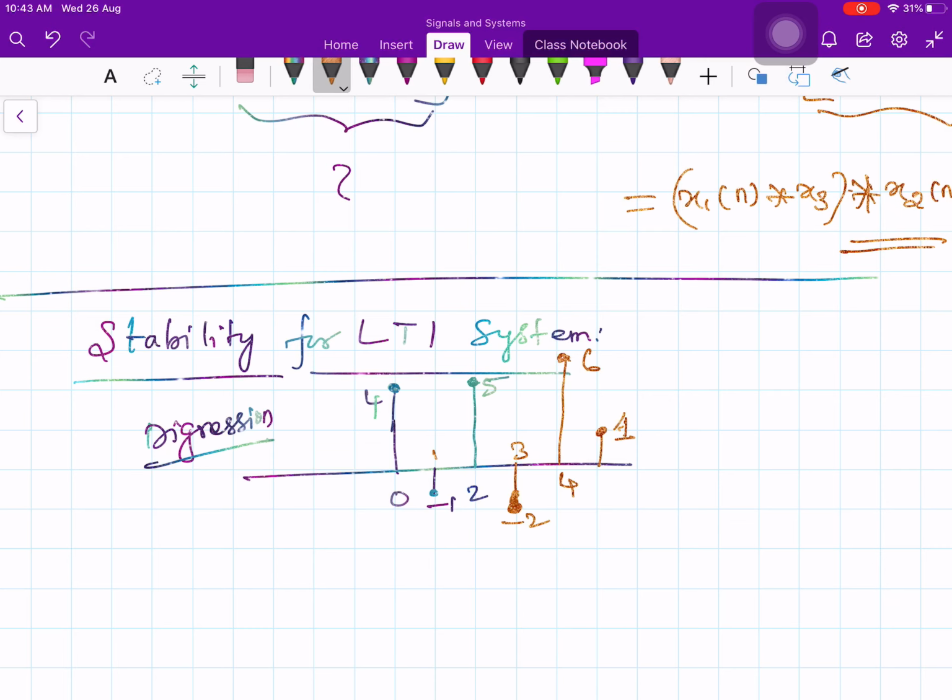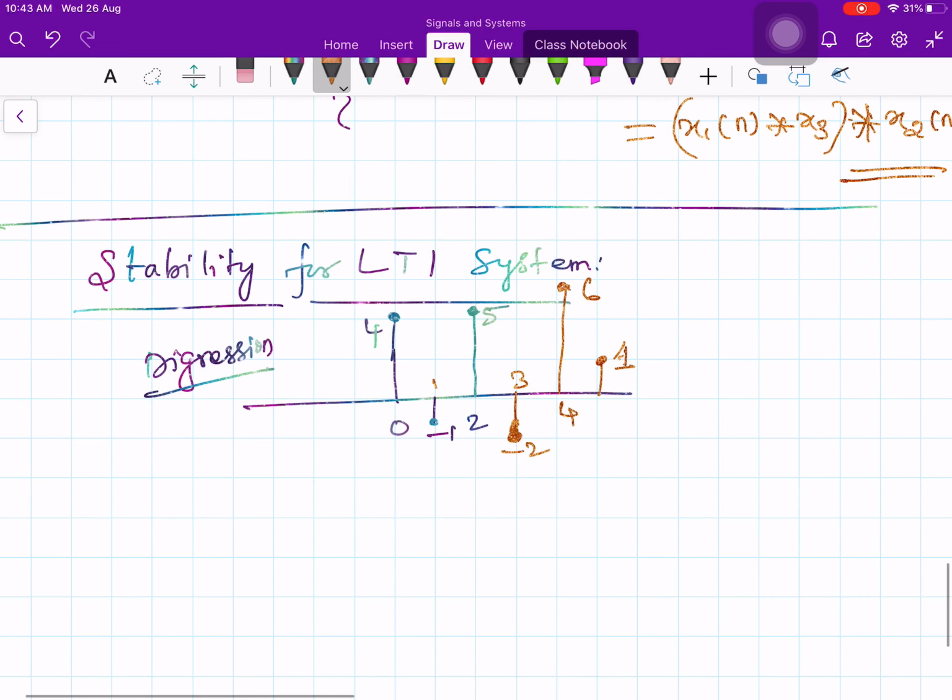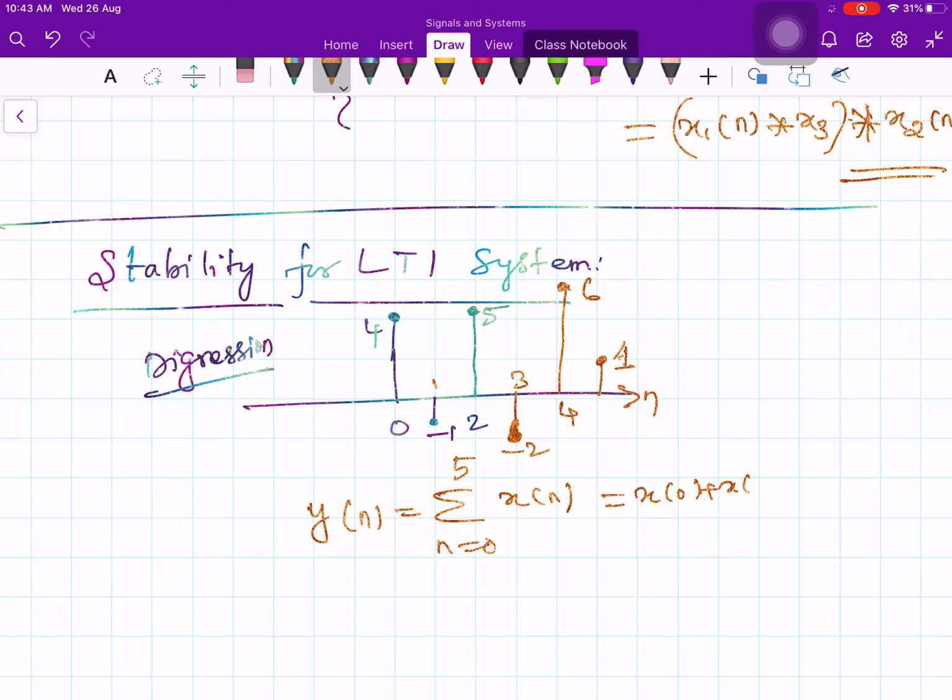Now let me define an accumulator y of n. This is summation of n is equal to 0 to 5 x of n. What is this? This is equal to sum of all the values, like x of 0 plus x of 1 plus x of 2 plus x of 3 plus x of 4 plus x of 5, right?